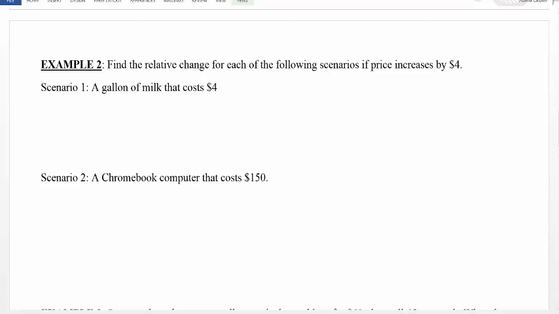So scenario 1. There's a gallon of milk that costs $4. For this scenario, we're considering what would happen if the price increased by $4. So the original price was $4, and if we increase by $4, that means our new price, our P sub 1, is going to be $8 because we add that 4 to the original cost.